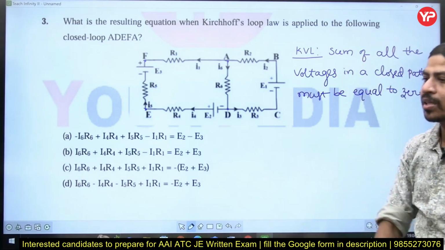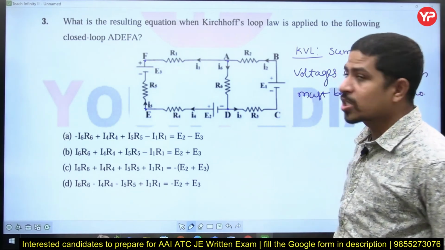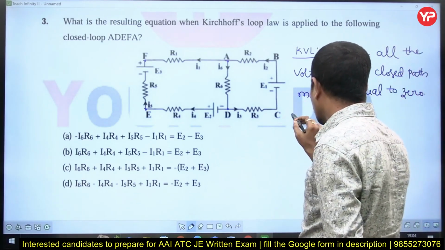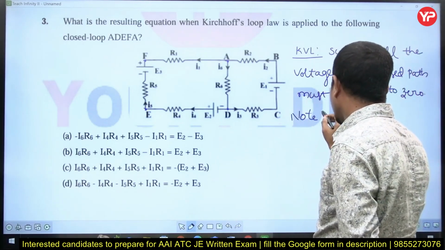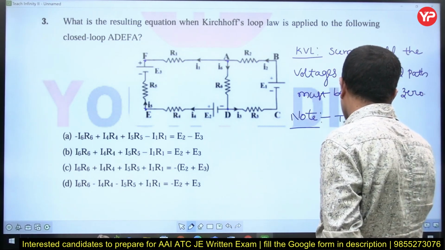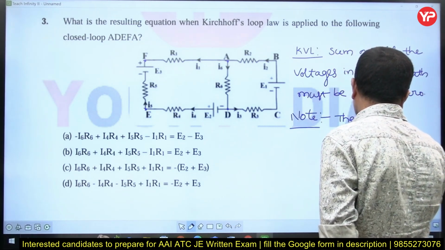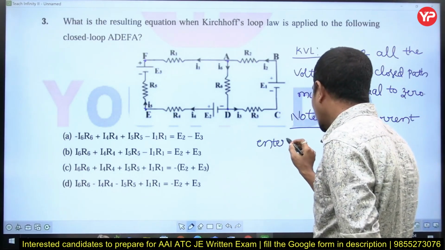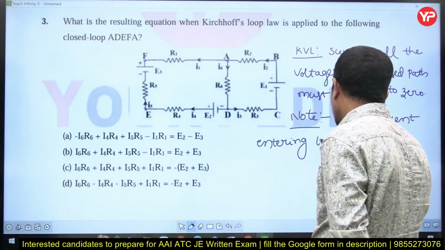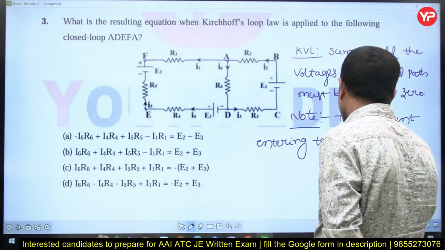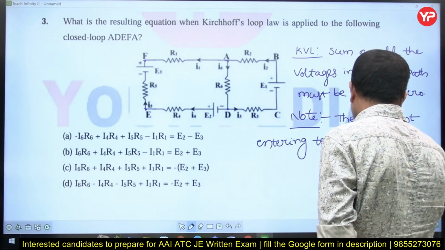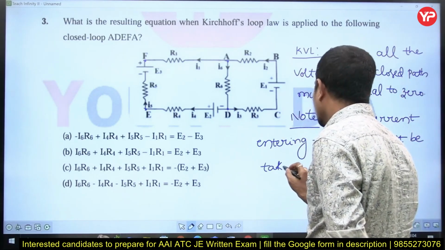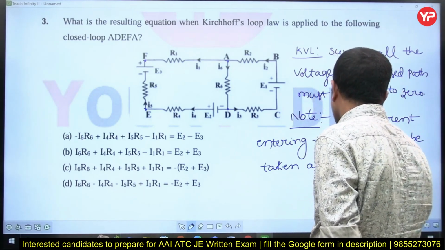And another is that current entering the terminal must be taken as positive for a resistance or inductance or capacitance. Another note point is that the current entering the terminal must be taken as positive.